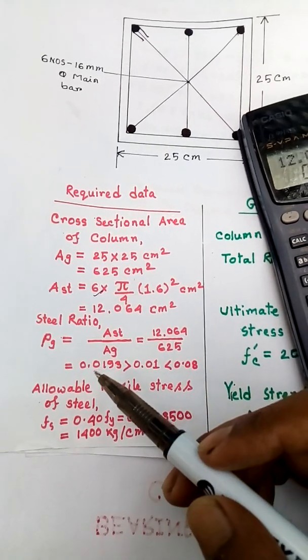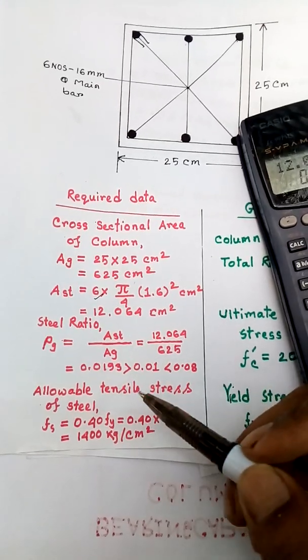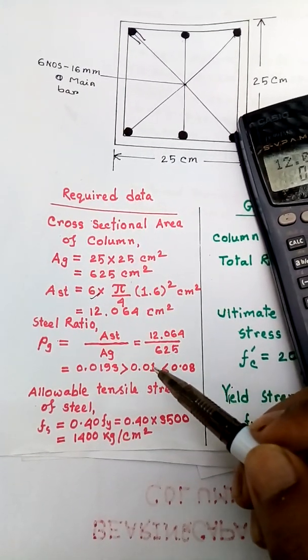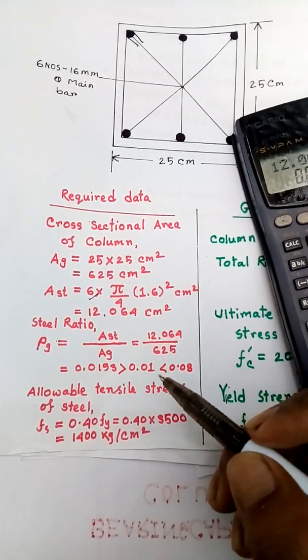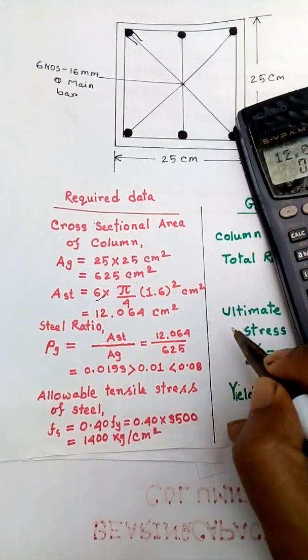We know that the steel ratio for an R.C.C column should be 1% to 8% by the code of the American Concrete Institute, ACI.